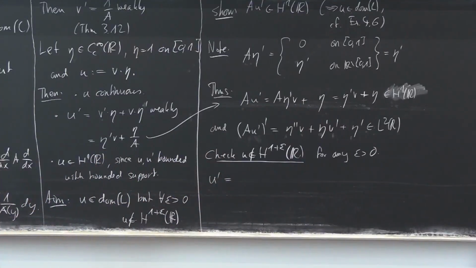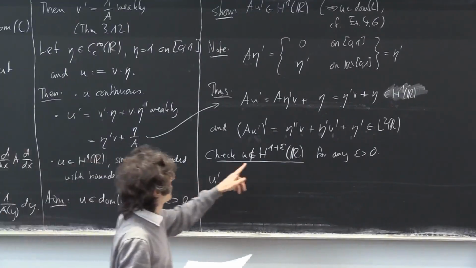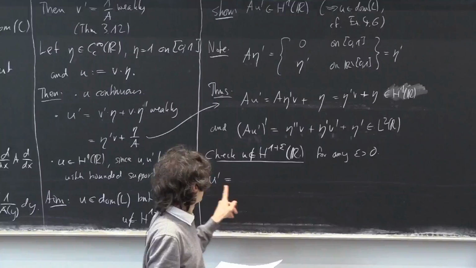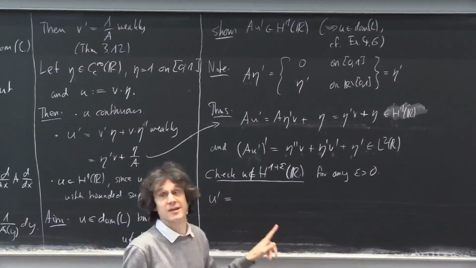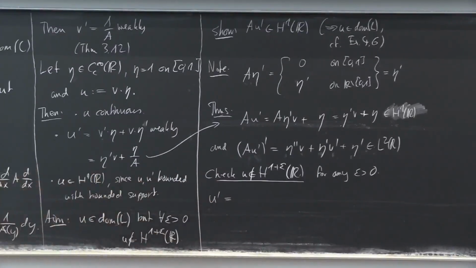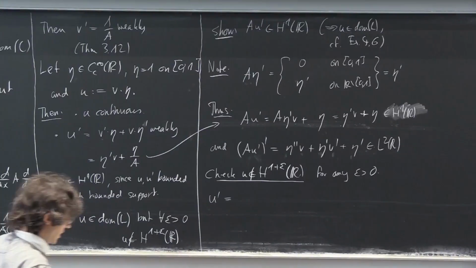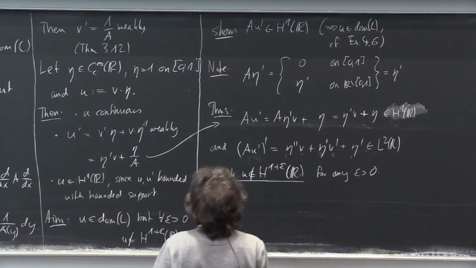And we will use the lifting property that I showed earlier. So we will use that U not being in H1 plus epsilon means that the gradient of U, so U prime, is not in H epsilon. And we saw that this is equivalent: U being in H1 plus epsilon is equivalent to U being in H1 and the gradient of U being in H epsilon. So let's check that U prime is not in H epsilon. So what is U prime?